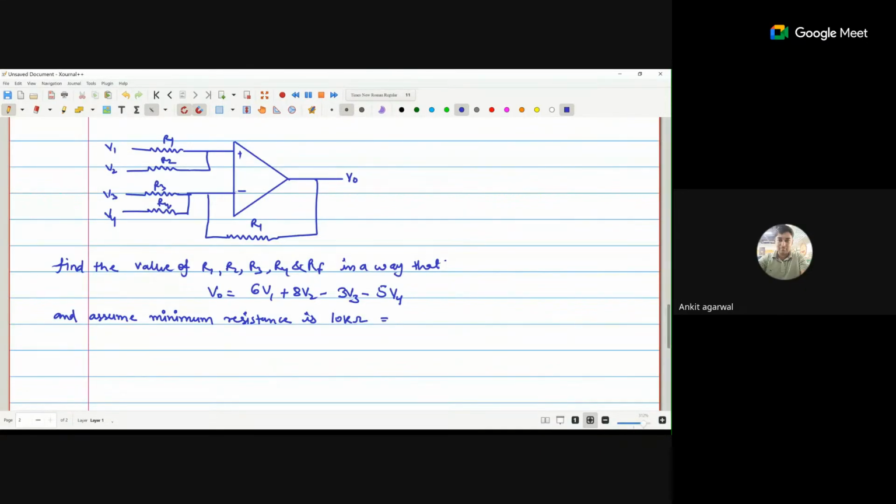Ignore the negative value of resistance. That means if you are getting any particular resistance as minus 10K, we are assuming that it is a 10K.